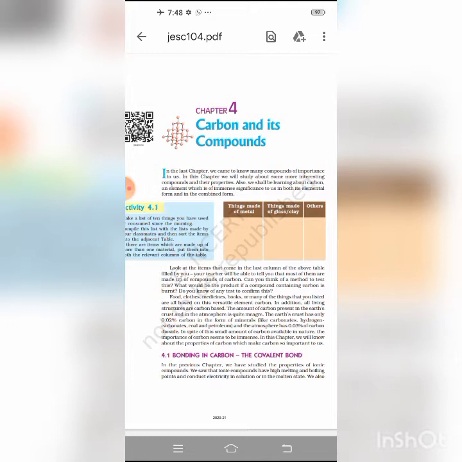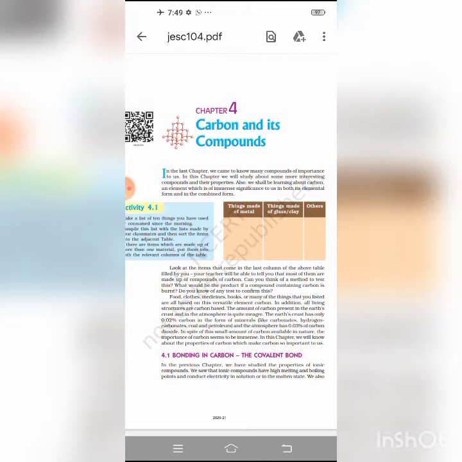The differences in the physical properties of diamond and graphite are because of the manner in which the carbon atoms are arranged, and their chemical properties, however, are the same. They both burn in air to form carbon dioxide.